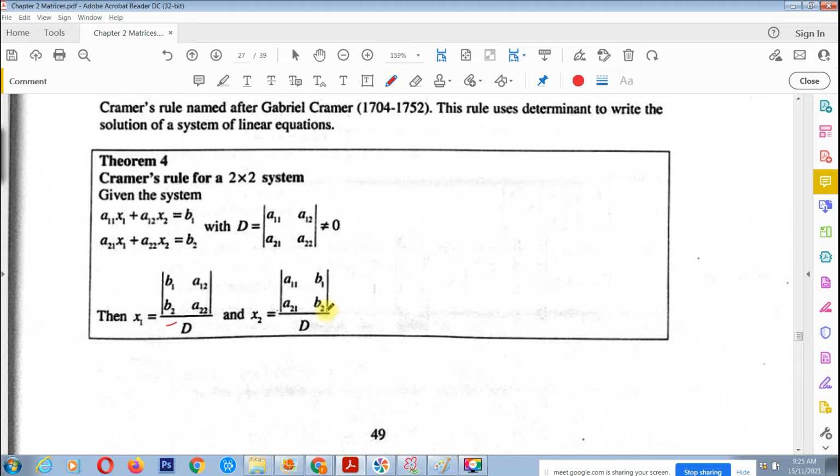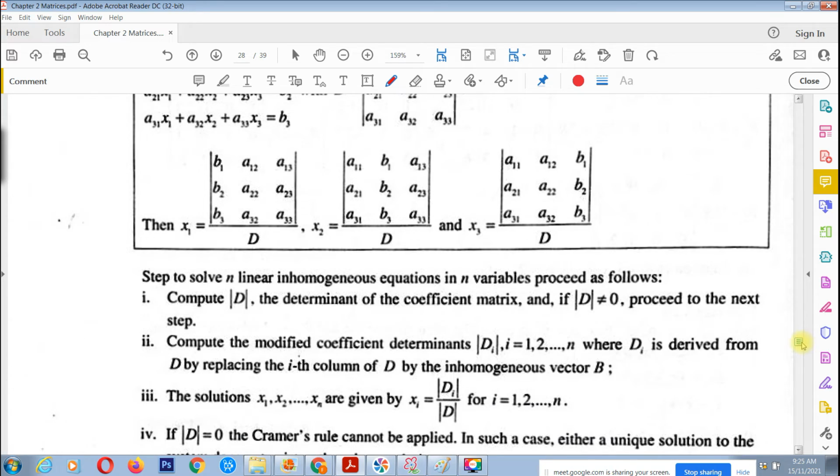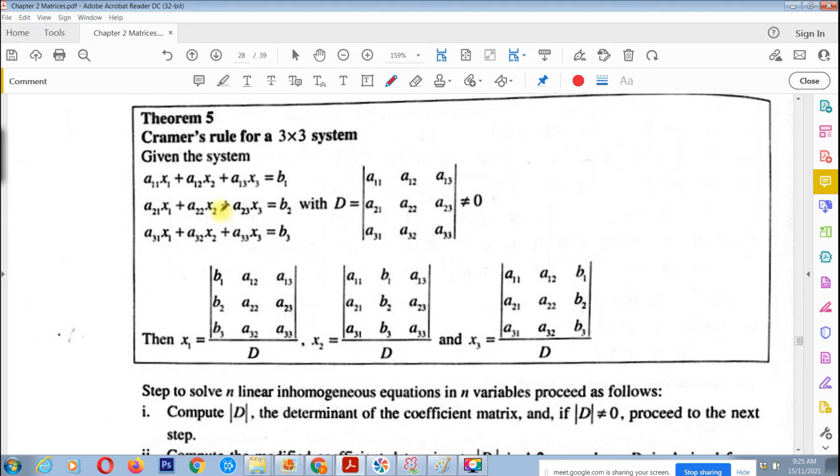Then this column represents x2, so we put the solution b1, b2 there. So we will find the values of x1 and x2. For 3 by 3 matrices, we have this kind of equation. Make sure D is not equal to 0.